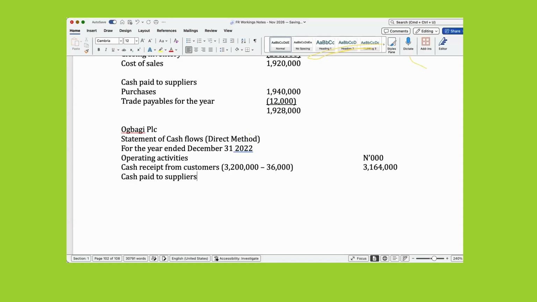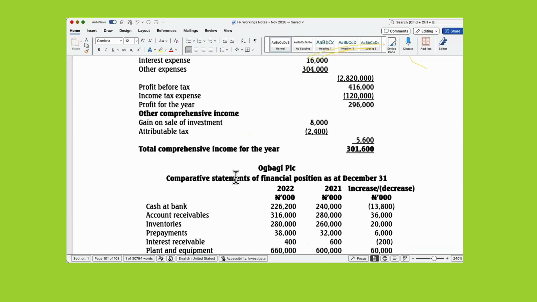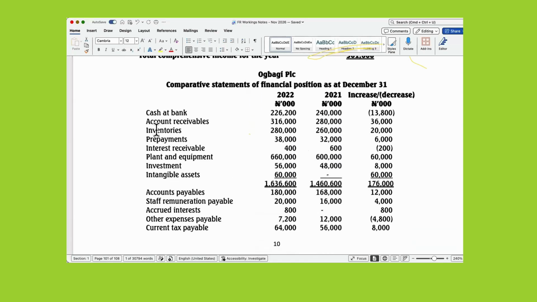The alternative way to do it is to say my cost of sales, which is this 1920. My inventory is already included here, the inventory for the year. If I go and check my inventories, there's an increase in inventory of 20.